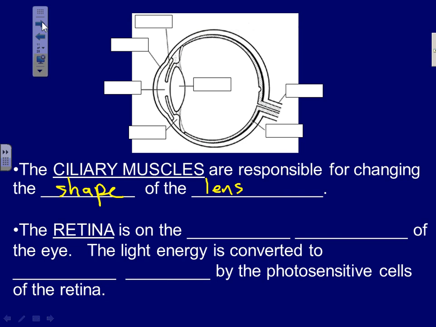The retina is on the blank of the eye. Very back side. Back side is what I was trying to get to. It is on the back side of the eye. The light energy is converted to blank.